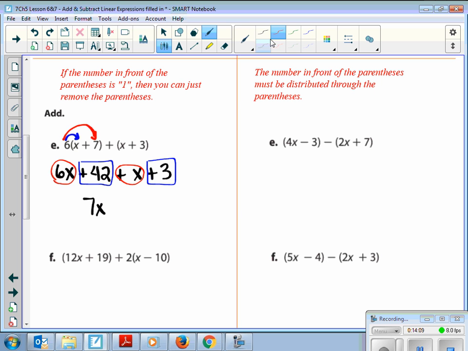A 1. A 1 is in front of it. So this is 6x plus 1x, that's 7x. And then we have 42 plus 3 is a positive 45. Got it? All right. So how about you guys do example F on your own?